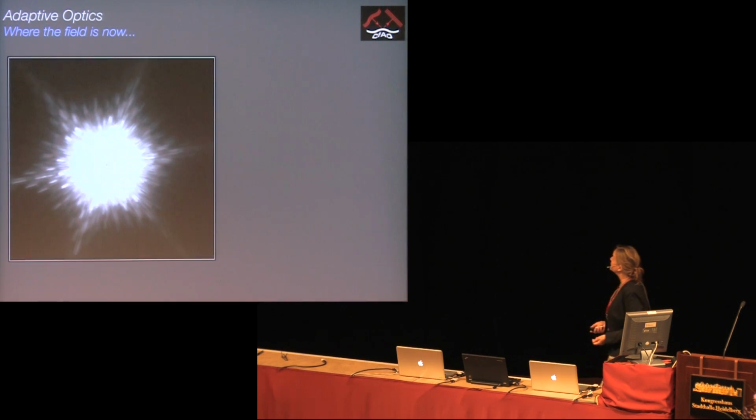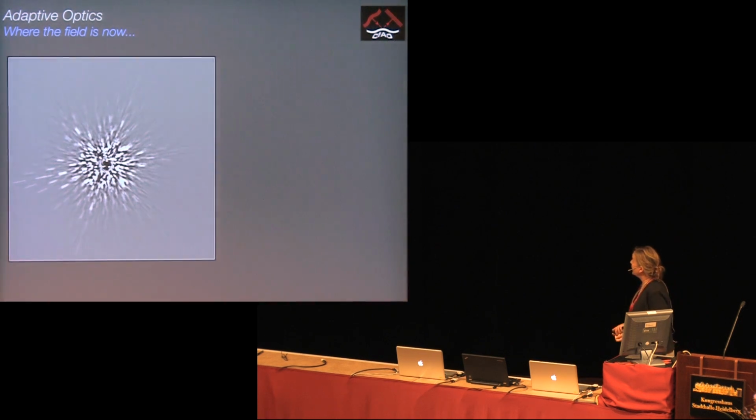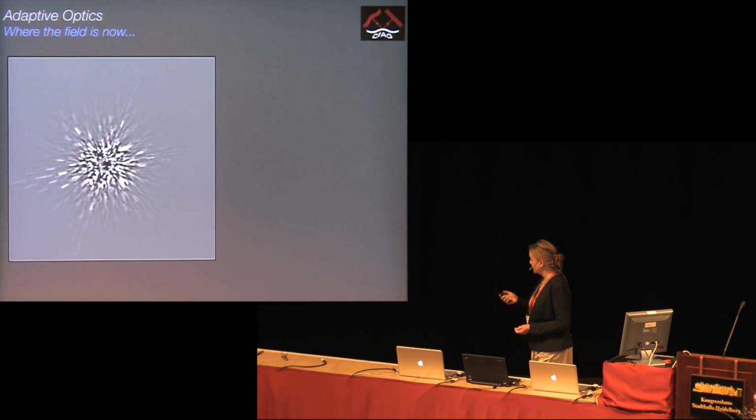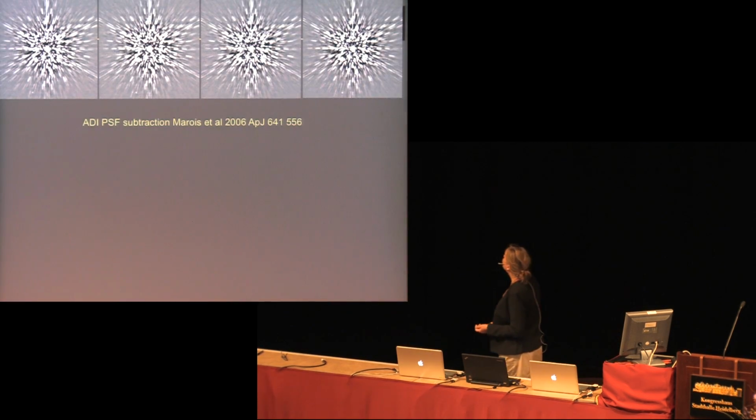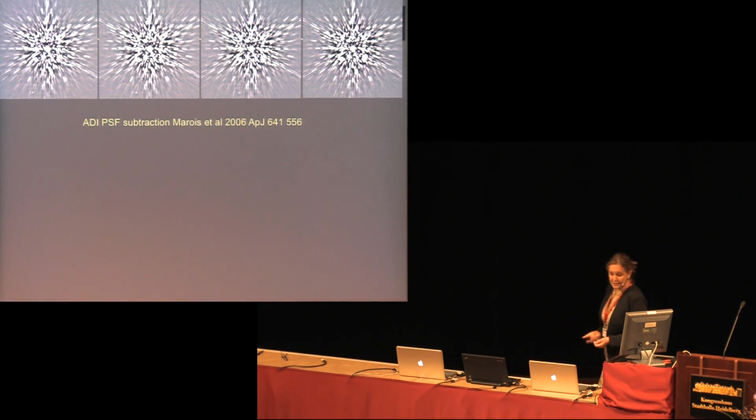But what the AO imaging does is suppress the halo of the star, so that you can begin to image planets around the star fairly close in. There are lots of clever techniques. I think the field started with ADI and LOCI, PSF modeling techniques.